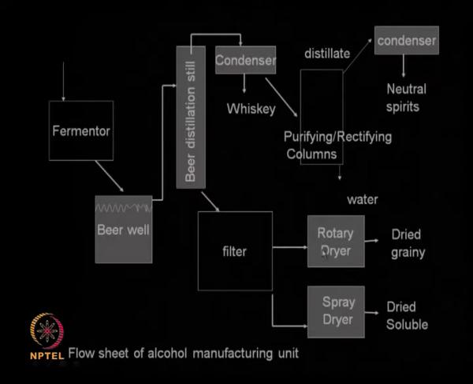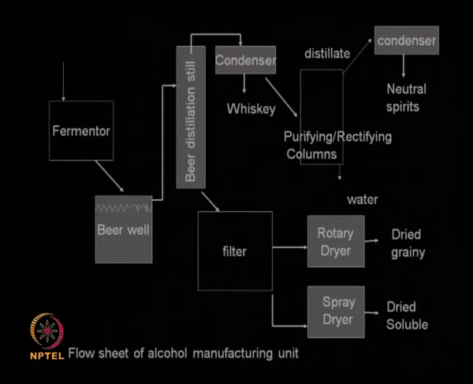Once you have done the fermentation and you have about 10% ethanol, you need to purify it to almost 90-95%. So obviously you need to do a lot of distillation. Initially you have a very large distillation column which will increase the ethanol amount from 10% to almost 30-40%, and then finally a large number of distillation columns raise it up to 90%.